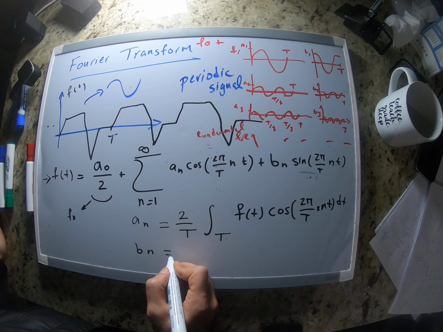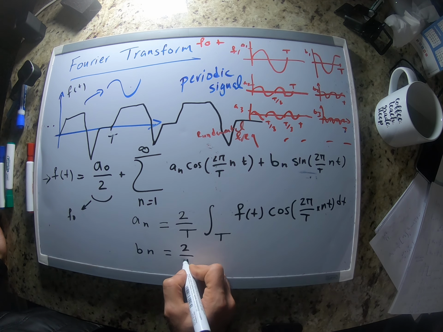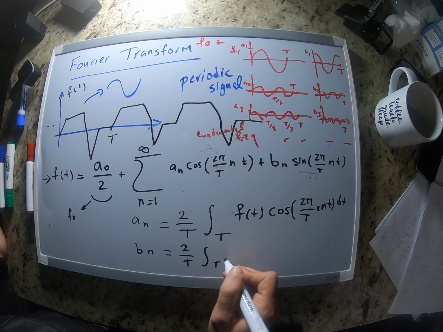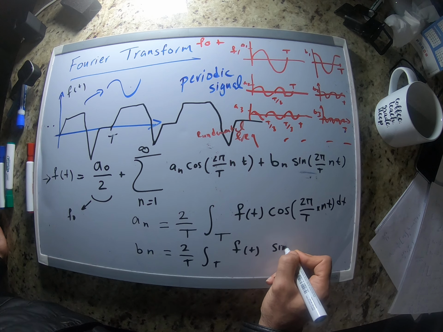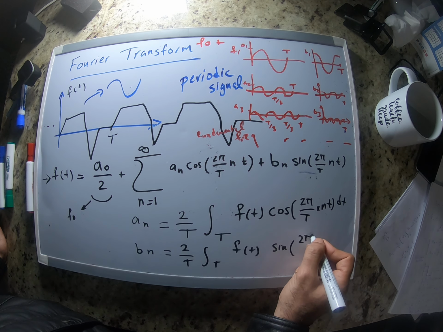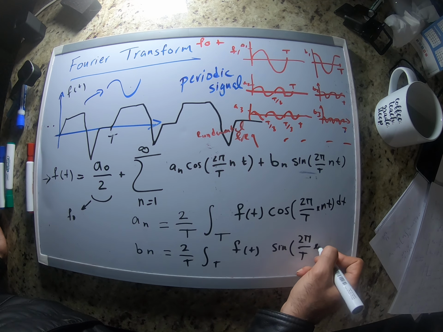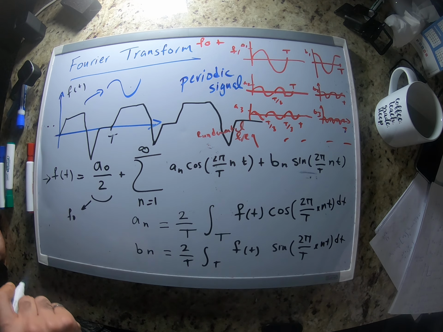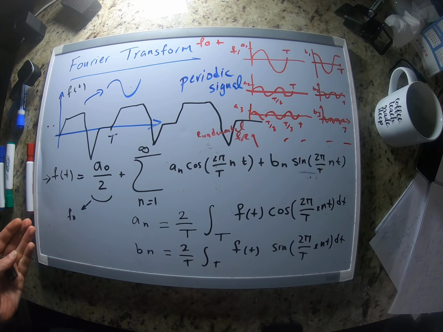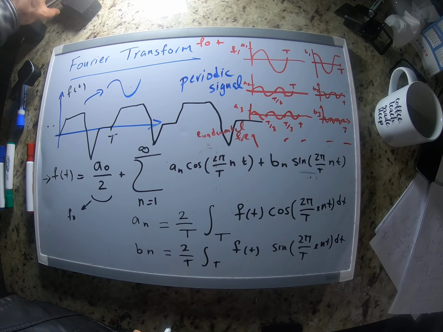And Bn is basically 2 over T, the same thing, but instead of cosine we have sine. f of t sine of 2 pi over T times nt dt. Okay, so this is what Fourier transform is.